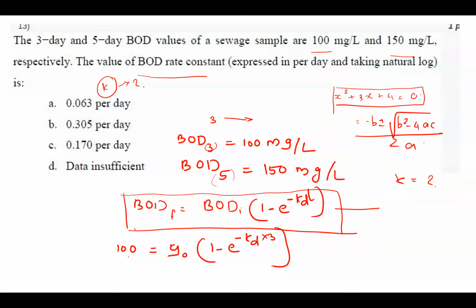Then for 5 days the value is 150, equal to y naught into 1 minus e raised to minus kd into 5. This is equation 1, this is equation 2. Do equation 1 by 2, or 2 by 1, and the similar terms cancel and you will get an equation. So do it first, till this you can do it.